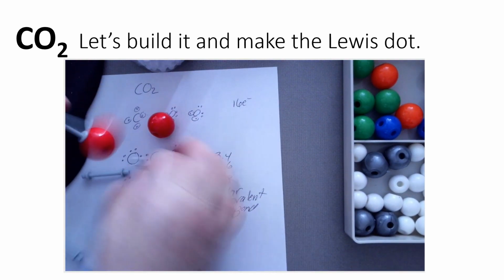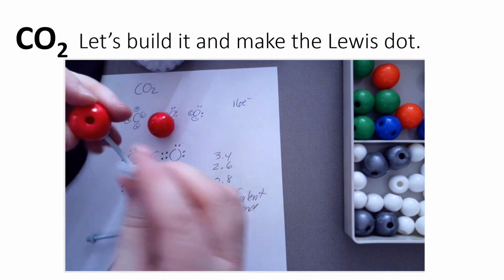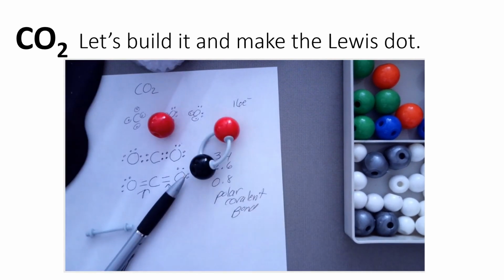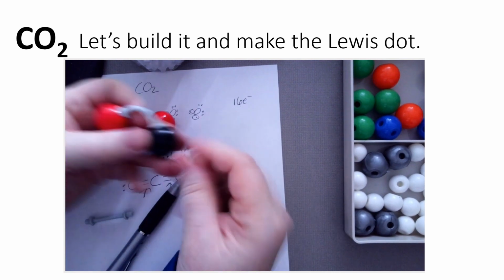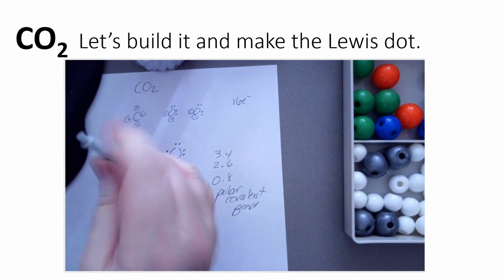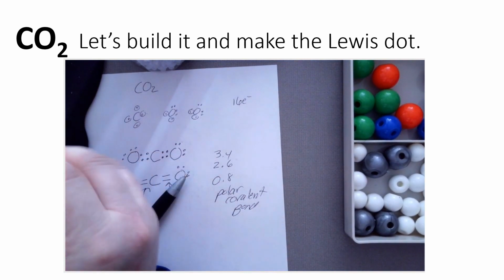And I'm going to take the same oxygen and connect it to the carbon. And I dropped a bond. So, okay, there we go. And then on the other side, I'm going to take a carbon, connect it to oxygen. I'm going to take the oxygen and connect it to the carbon.